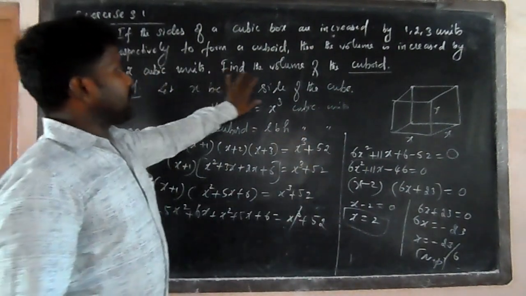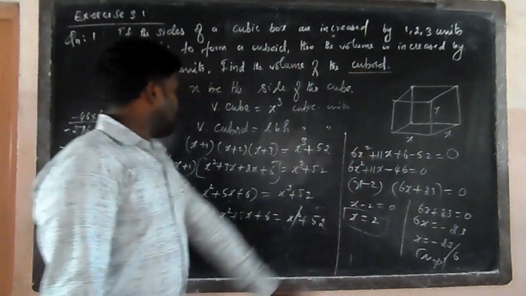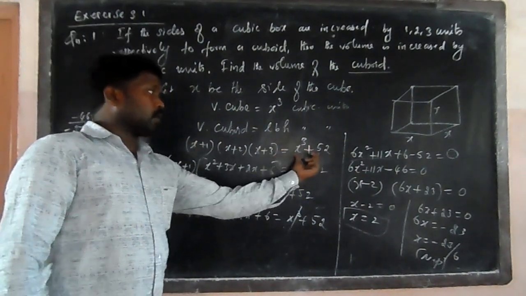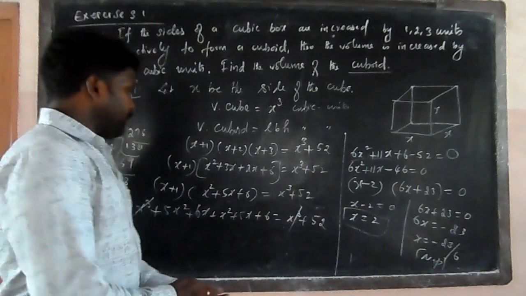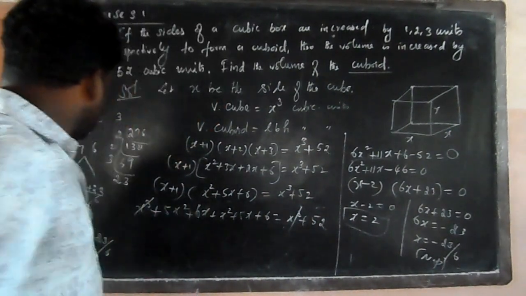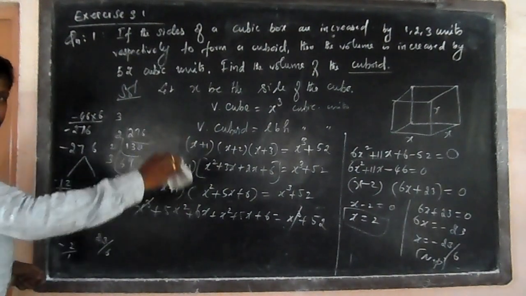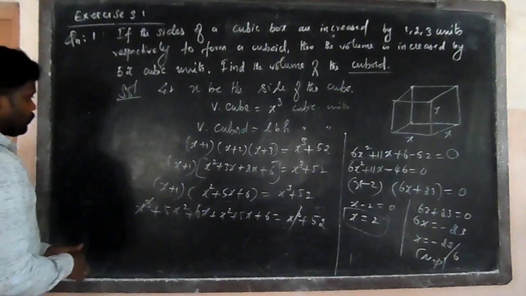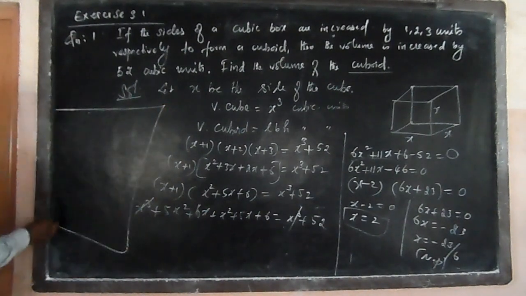But the question is, find the volume of the cuboid. This is the volume of the cuboid, equal to x cube plus 52. So this is the answer.